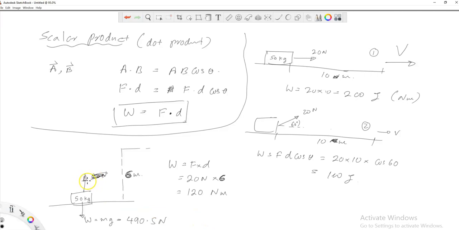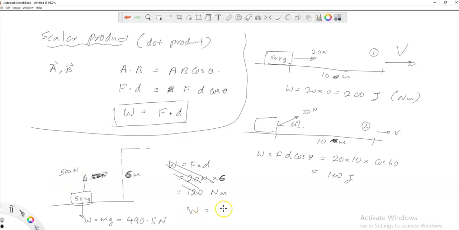So you need to apply at least that amount. If you apply more than that, you can lift it and accelerate it. So let's say you apply 500 newtons. You apply 500 newtons, guaranteed you can lift it. So how much work do you do?